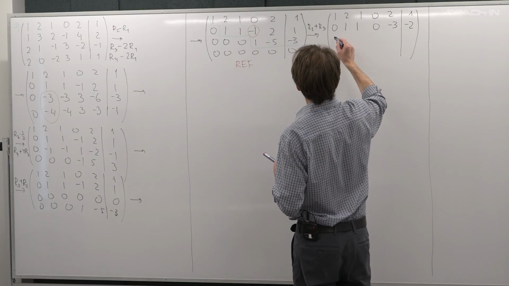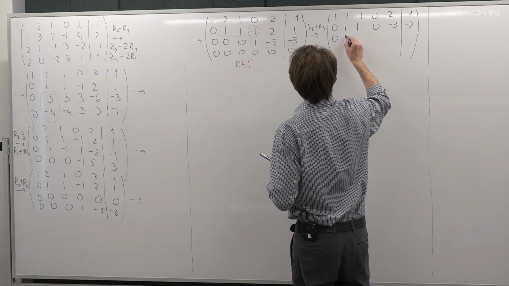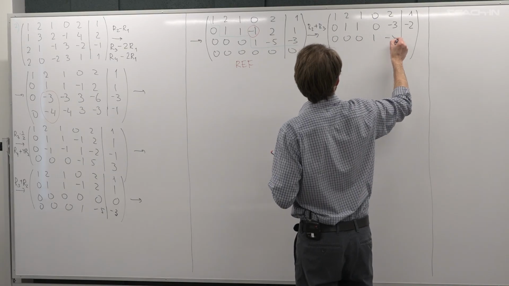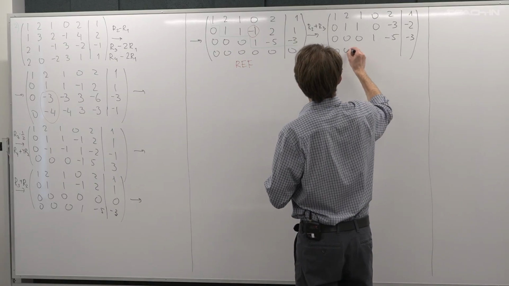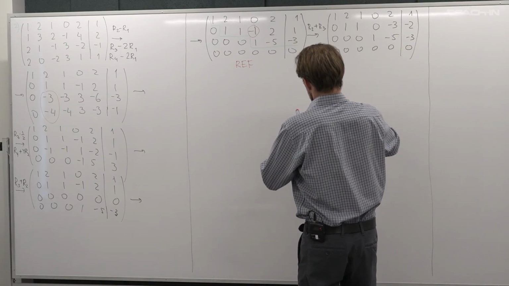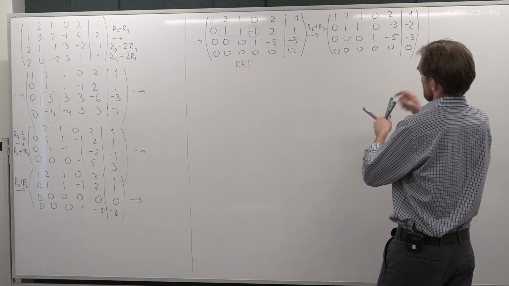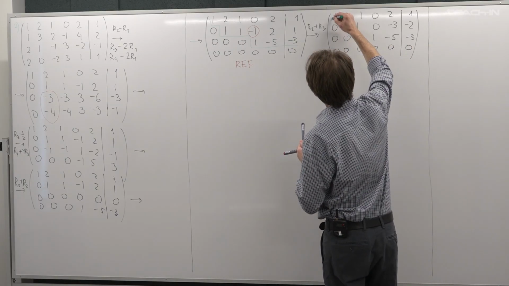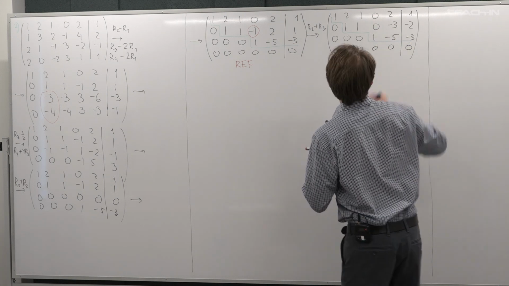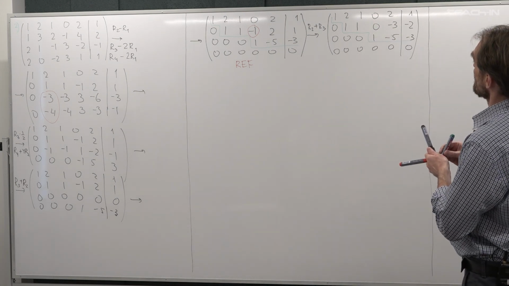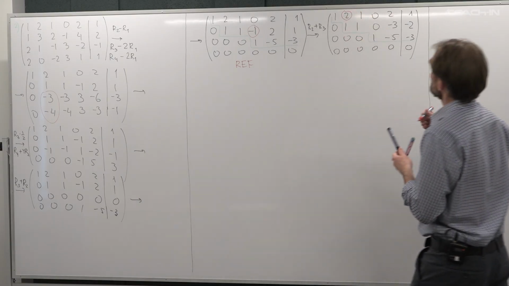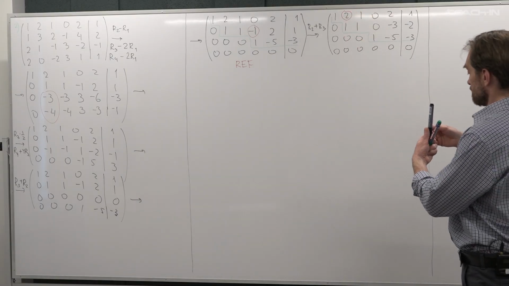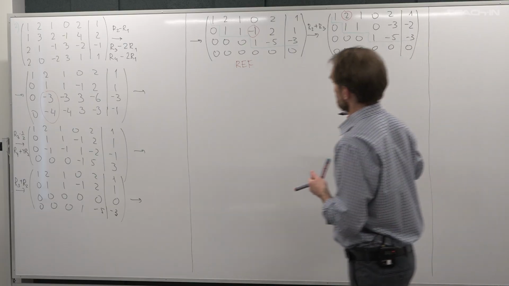I keep the third row unchanged. And so then I have a row of zeros. So this is not yet the reduced row echelon form, because we have 2 here above the leading element, and so we need to apply one more elementary row operation.